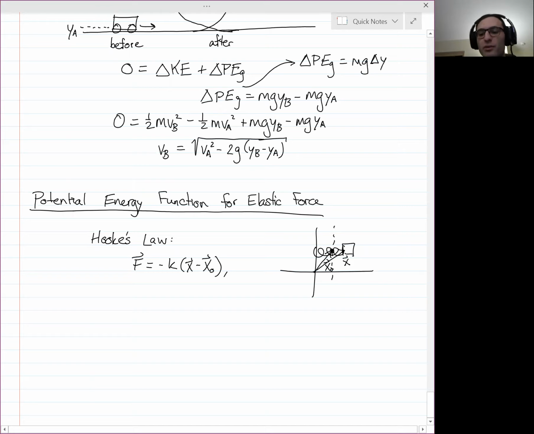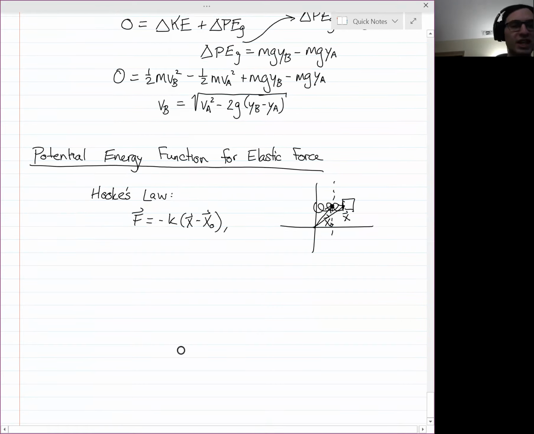And so this x minus x naught business is a displacement vector from equilibrium. So for the sake of simplicity, let's say that x naught is equal to just x naught times i hat. It's just in the i direction, or the x direction, and that x is just x in the i direction. So I'm just considering this a one-dimensional problem. So the spring lies along the x-axis.